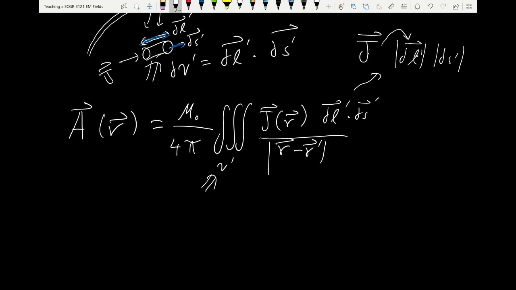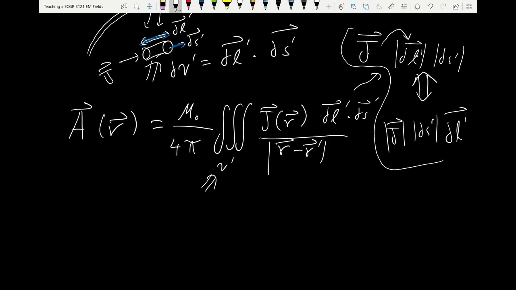If I do that, I get this expression. I get magnitude J times magnitude ds′, right? And then I extracted the information about the direction from J and just attached it to dl. So I get dl′ as a vector. Those two expressions are equivalent, right?